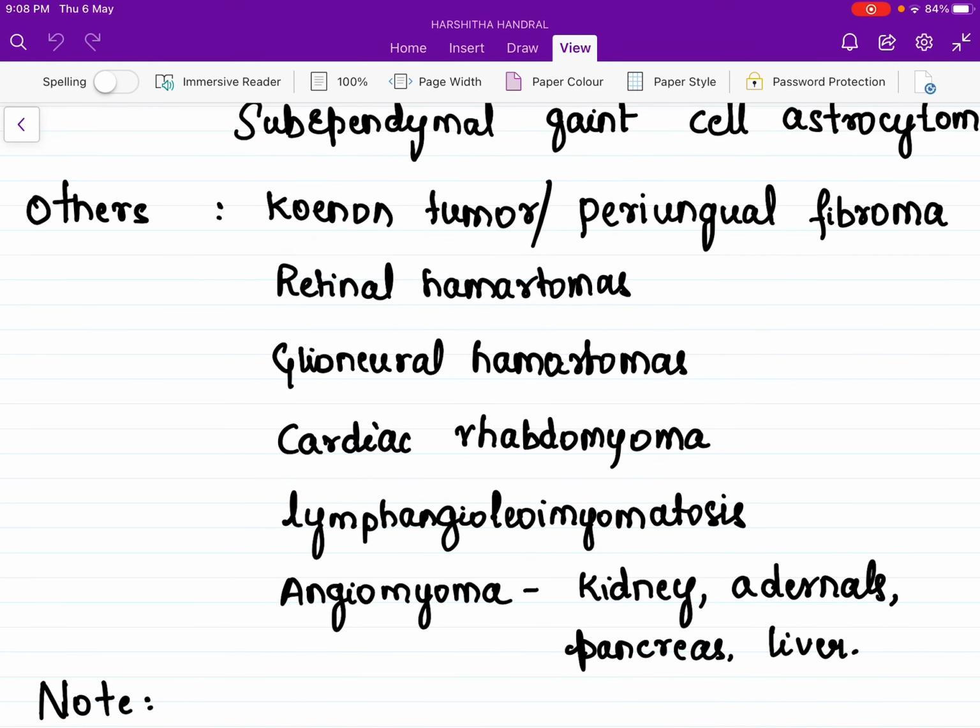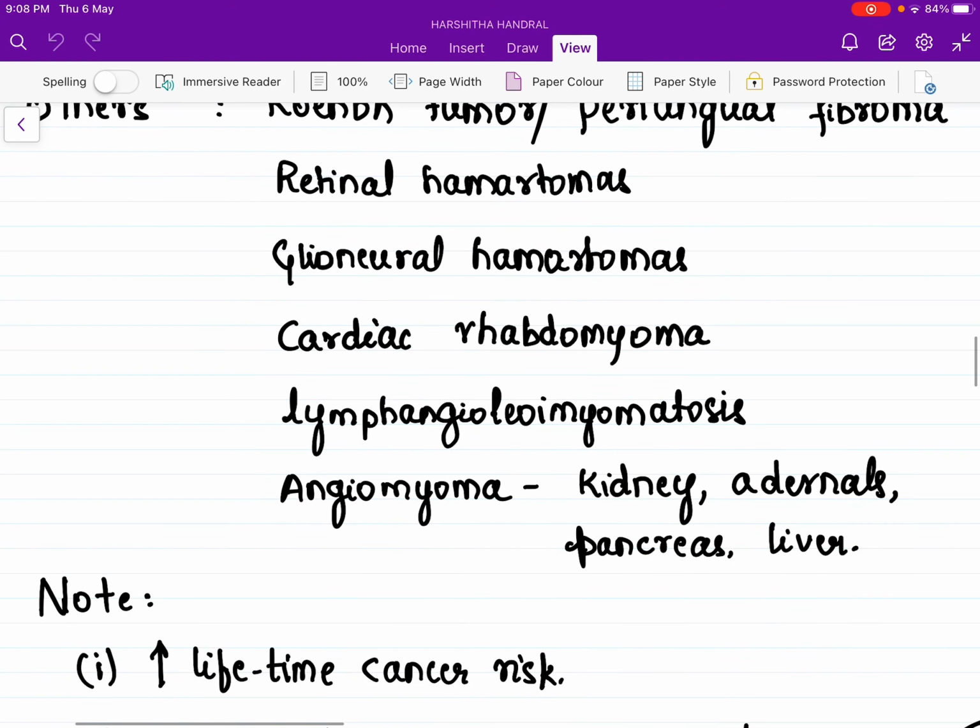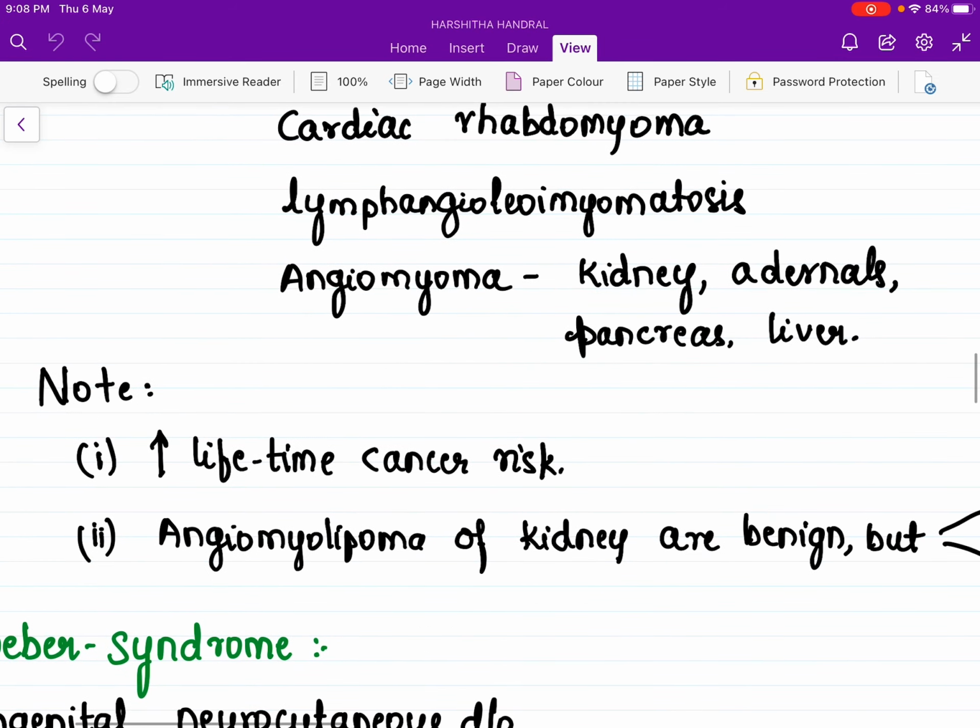There can be lymphangioleiomyomatosis in the lung, and angiomyolipoma can be in the kidney, adrenals, pancreas, and liver, at multiple sites. So this is about tuberous sclerosis, and these patients have an increased lifetime cancer risk, which should be kept in mind.